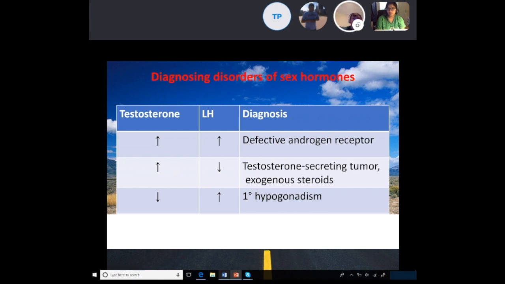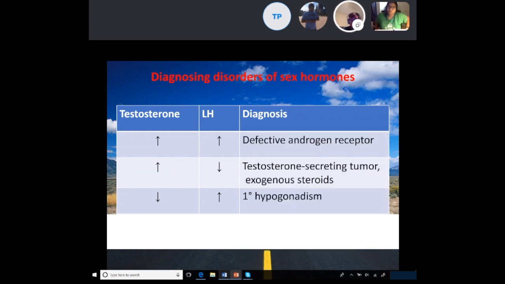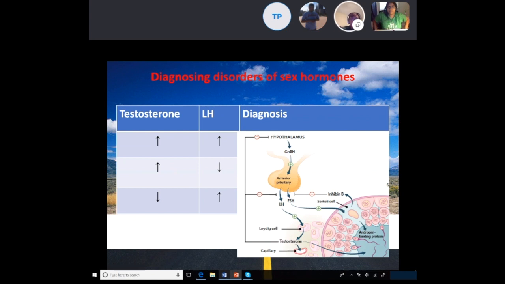If we've got low testosterone and high LH, that means we've got what's called primary hypogonadism, which means essentially that the gonads themselves are not able to synthesize testosterone. So essentially, the Leydig cells within the testes are goofed up.